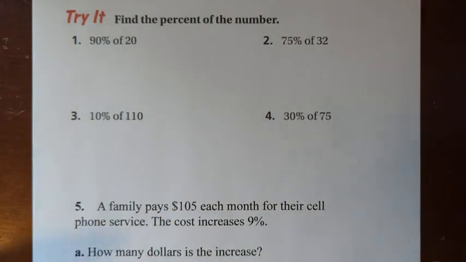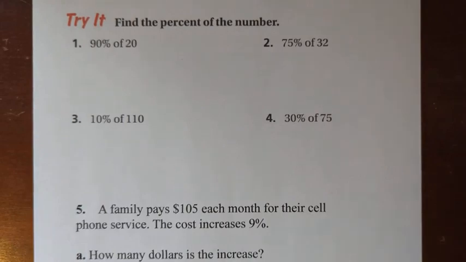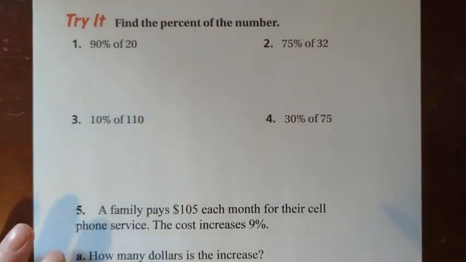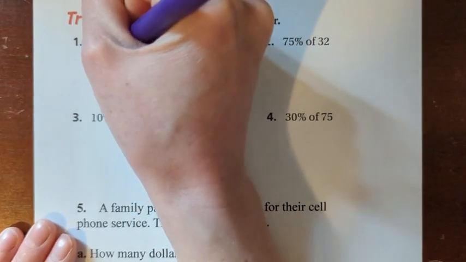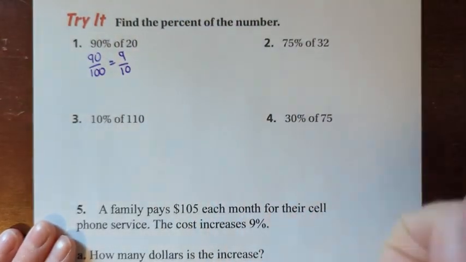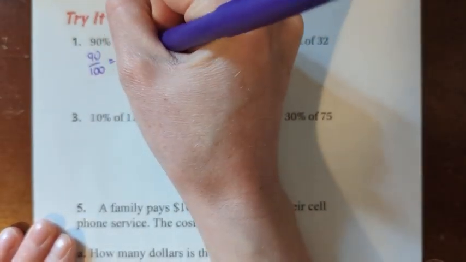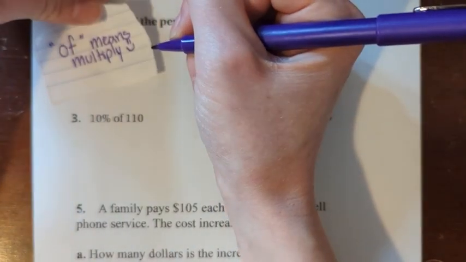Okay, 90% of 20. I'm going to do fractions. I like fractions. So 90 as a fraction is 90 over 100, which, if I reduce it, is 9 out of 10. Of means multiply.